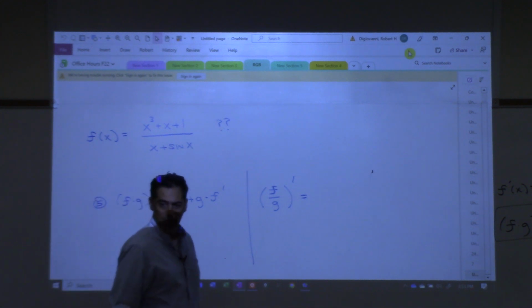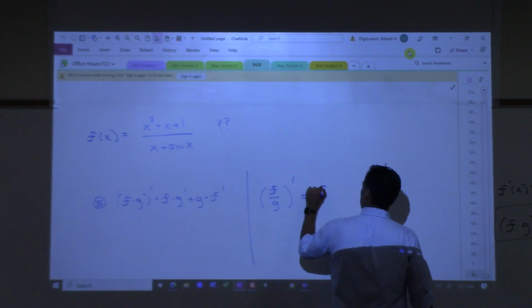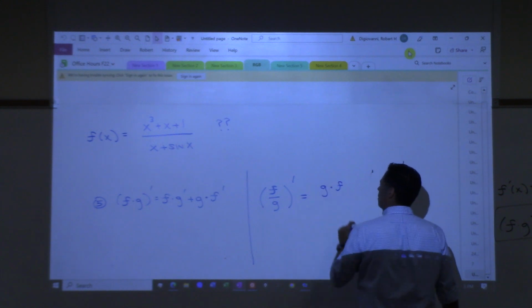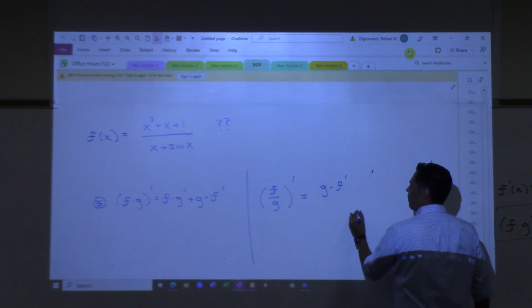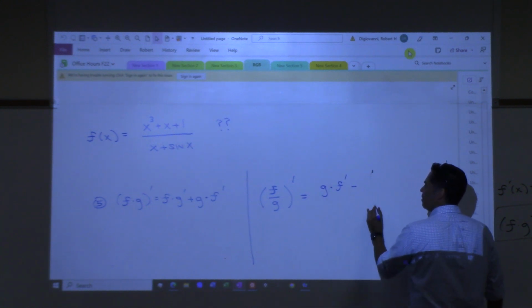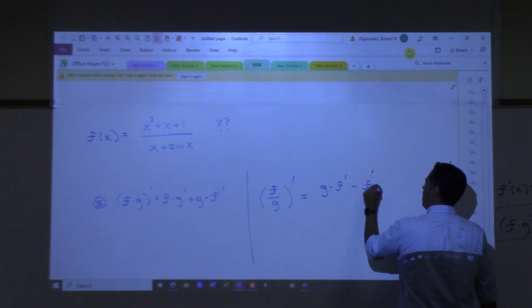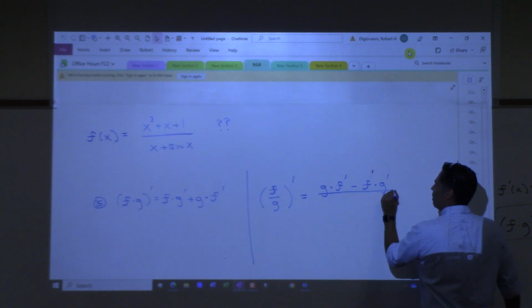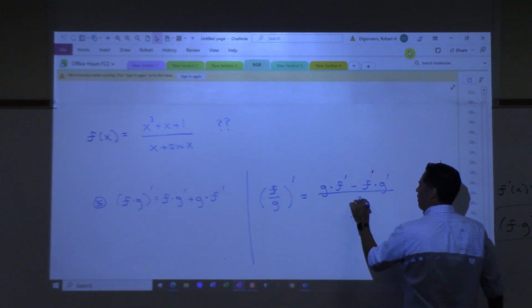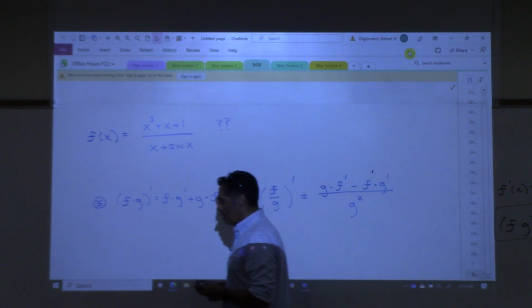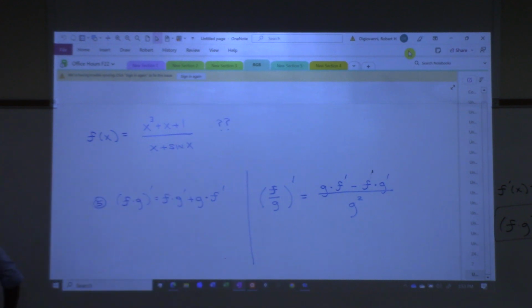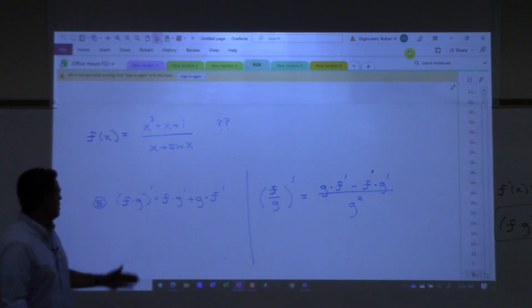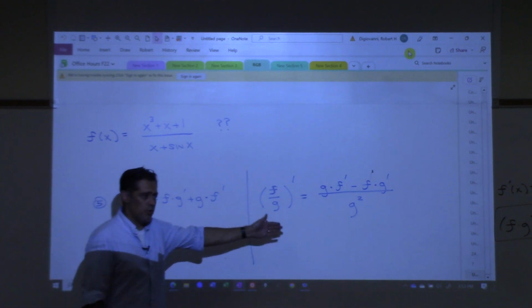G times the derivative of f, right? So g times the derivative of f, then what? Minus f times the derivative of g, and then over g without a derivative, just square it. So that is actually true, that is correct, okay? According to the book, this is your product rule and this is your quotient rule.